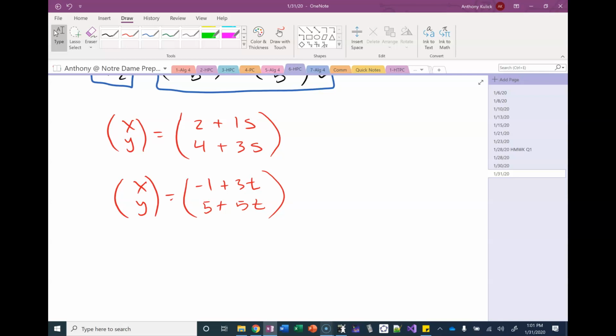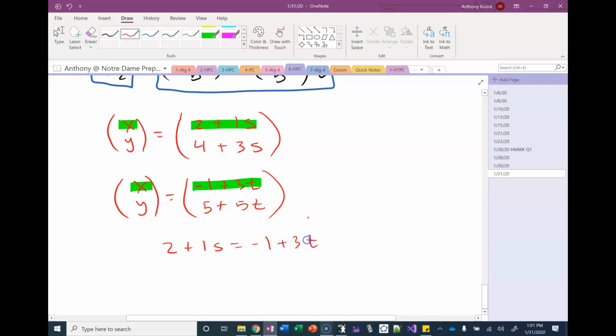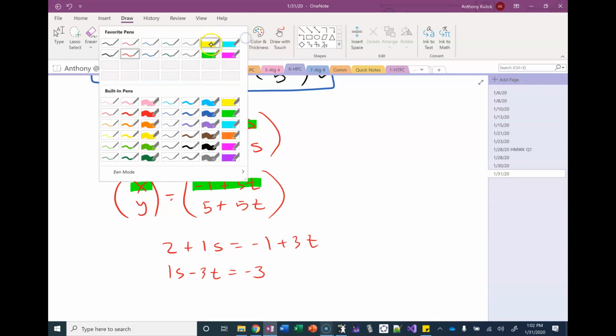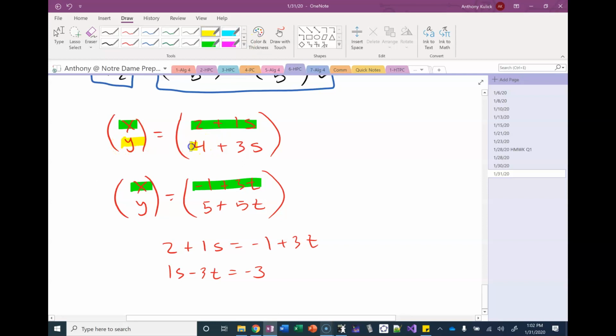And I also know that x is equal to negative 1 plus 3t. So I can say 2 plus 1s is equal to negative 1 plus 3t. I'm going to move this so that my s's and t's are on one side and my numbers are on the other. And then I'm going to do the same thing with the y's.